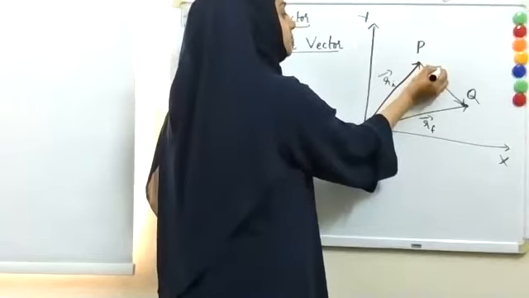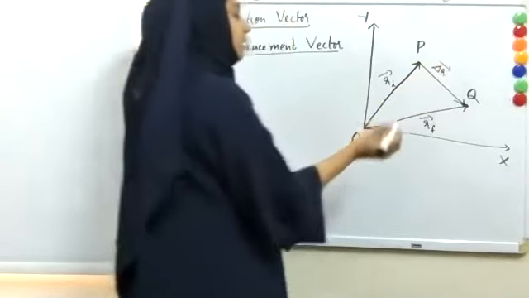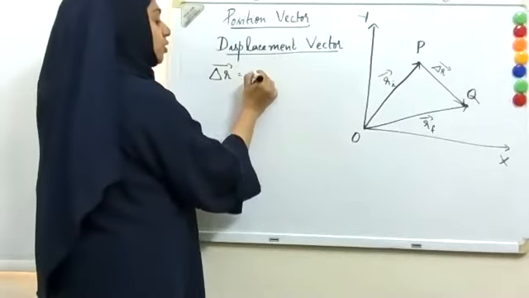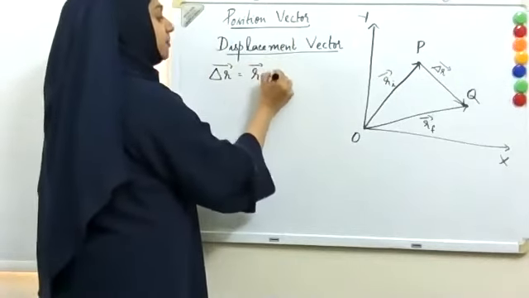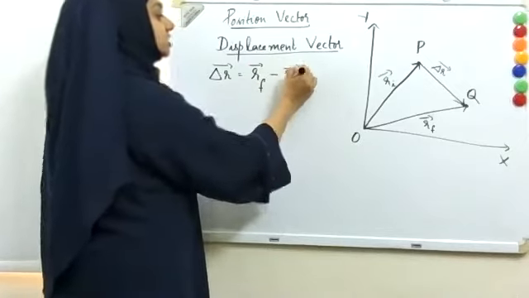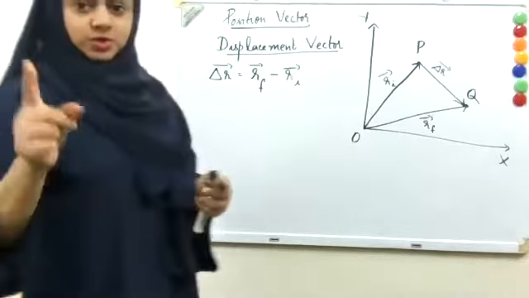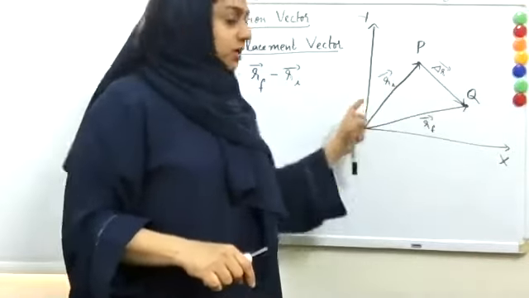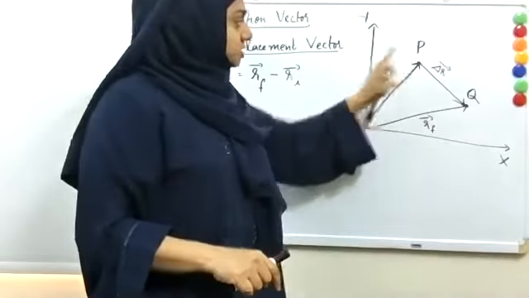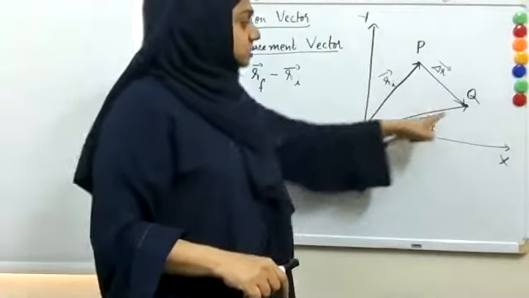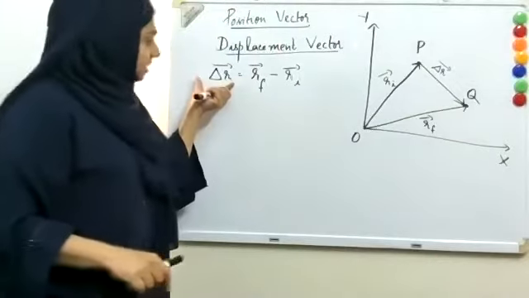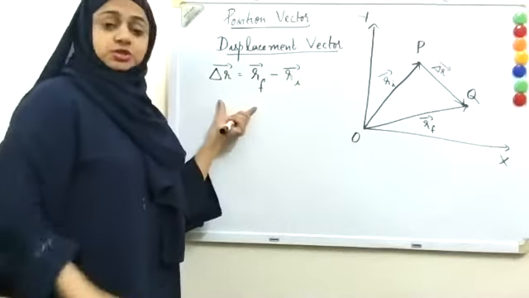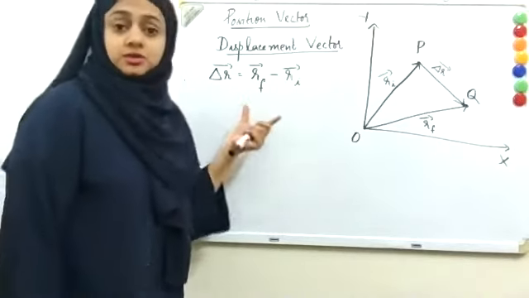Conventionally, we represent it by delta R. And vector delta R is equal to the final position vector minus the initial position vector. Note, in your textbook, this direction is shown wrong. It should be from P to Q. Okay. So if this is the initial position and this is the final position, the displacement will be final position minus initial position.